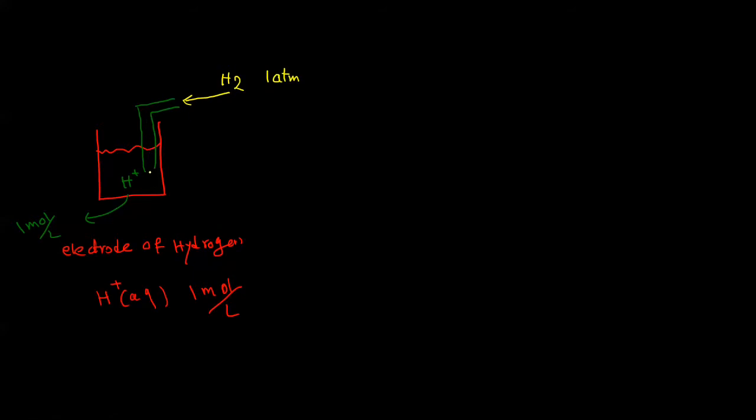But hydrogen is an insulator and also a gas, so I need a metal, a conductor here, as a surface where exchange of electrons can happen. On the other hand, this metal should be unreactive, so it doesn't participate in the reaction. We know platinum is an unreactive metal, so I make the electrode using that.